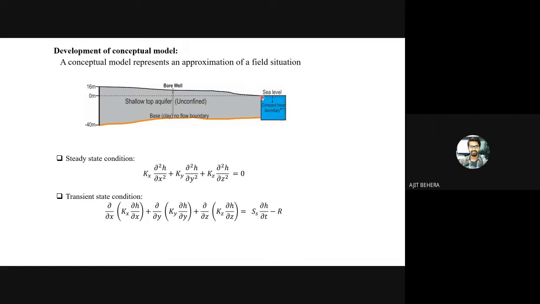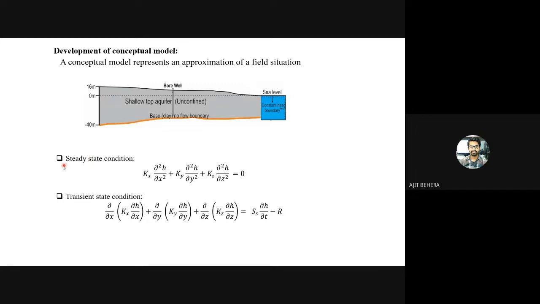We'll discuss later what a constant head boundary is. Then at the base there is a no flow boundary, because it is an aquitard, so we have kept this no flow boundary. That means there is no flow between this unconfined aquifer and below this no flow boundary condition.